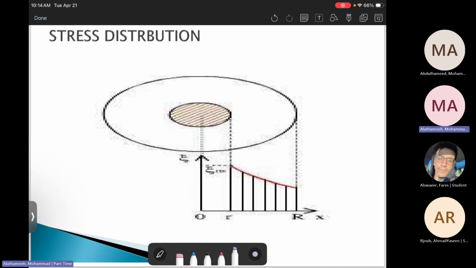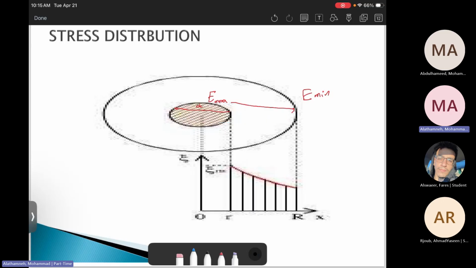Now, stress distribution. As we said, here the electric field will be maximum, then it will start reducing here, and Emax is being minimized. Since it depends on the distance, here, for example, this is DC and this one is DI.